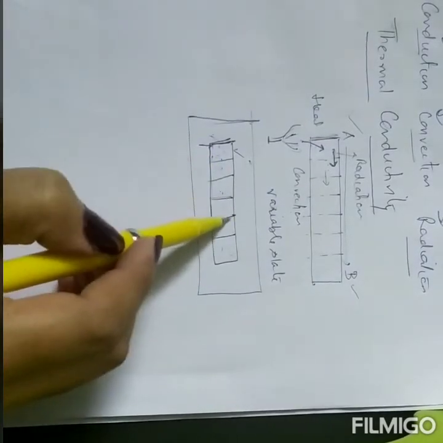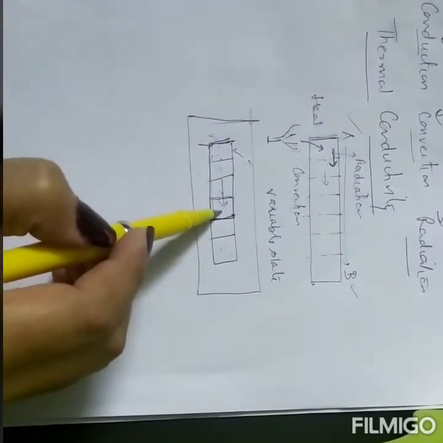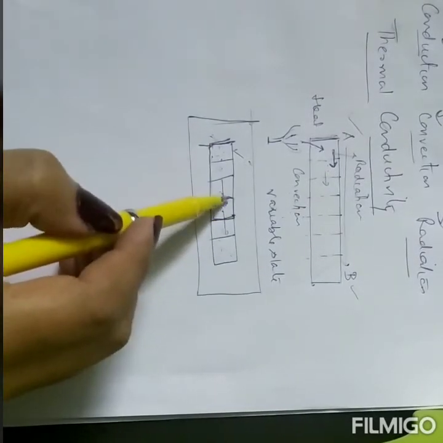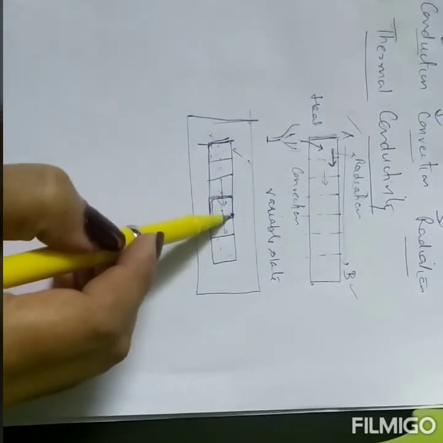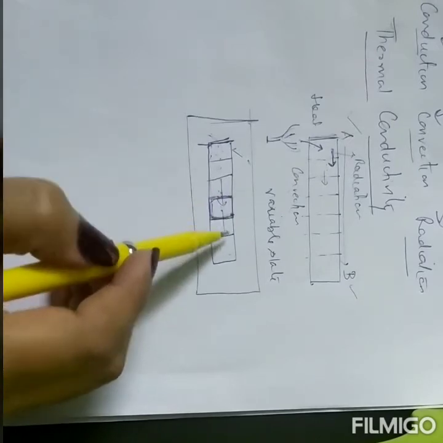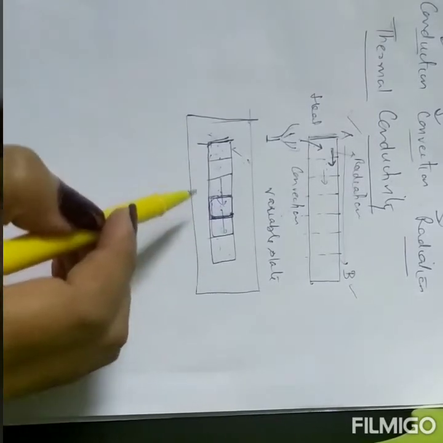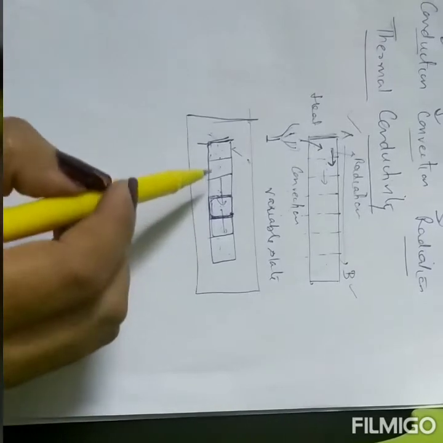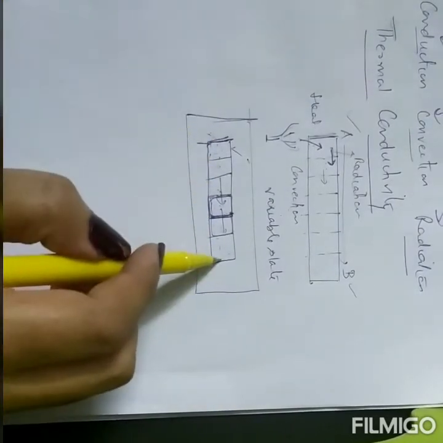Because for an individual cross section, the heat it gains will be equal to the heat it loses to the next part. It means its own temperature will remain the same. So this particular section will act as an isothermal section, because the temperature here remains constant. Similarly, this section will act as an isothermal section. So different parts are at constant temperature, but the temperature keeps lowering as we move from the hotter end to the colder end.